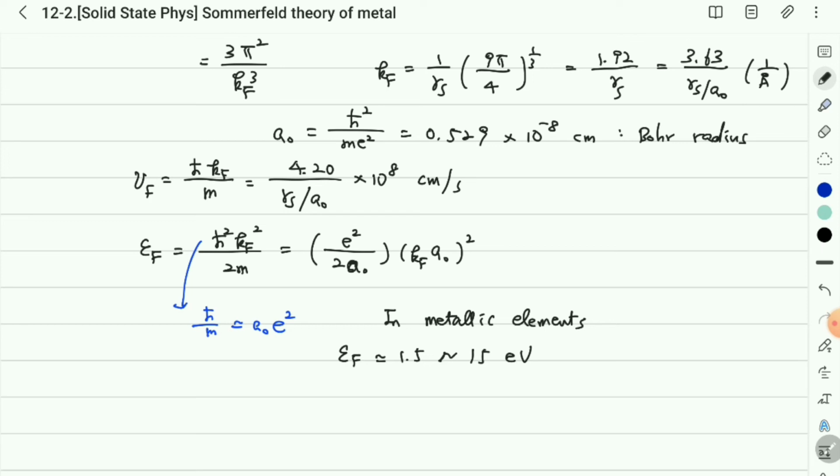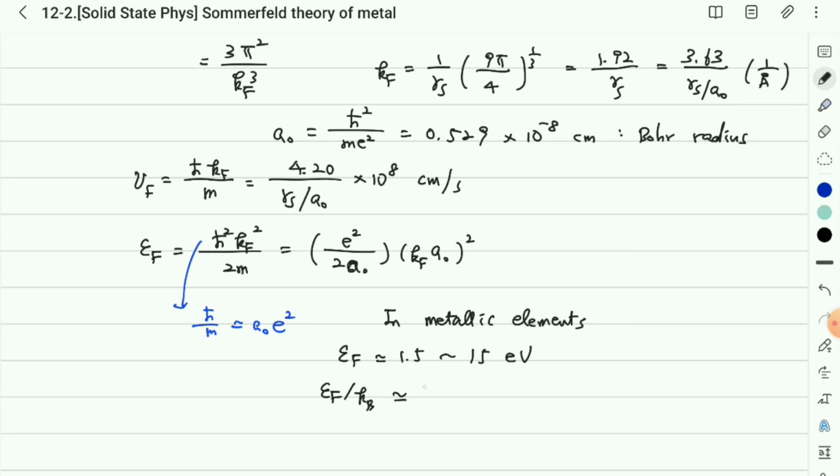Experimentally, the Fermi energy can be measured from photoemission spectroscopy. When this Fermi energy is divided by the Boltzmann constant, the energy in electron volts can be converted to a temperature.